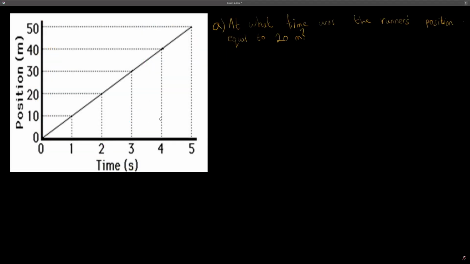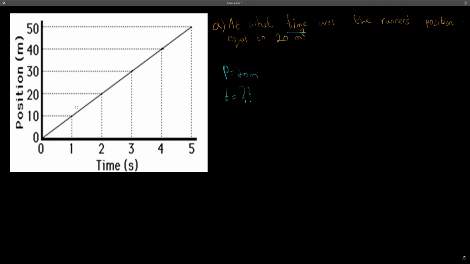Let's look at this example here about position time graphs. The first question asks us at what time, so we're looking at time now, was the runner's position equal to 20 meters? So his position was equal to 20 meters, and we're looking for the time.